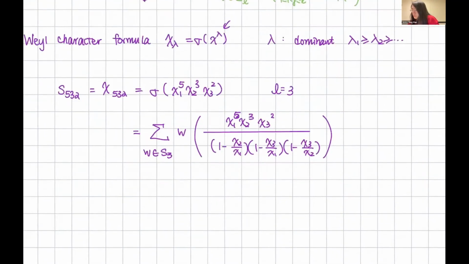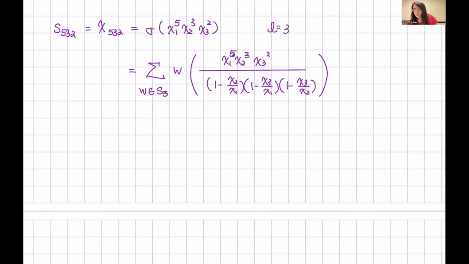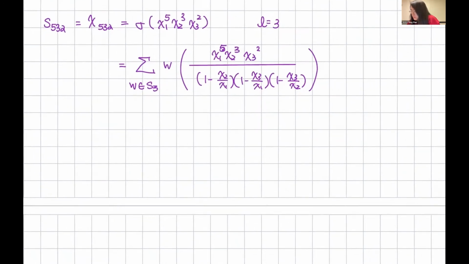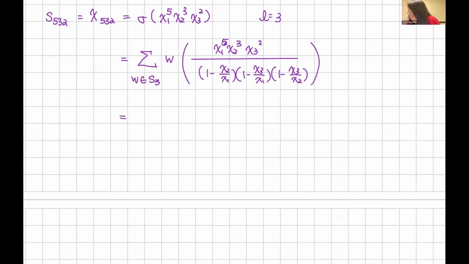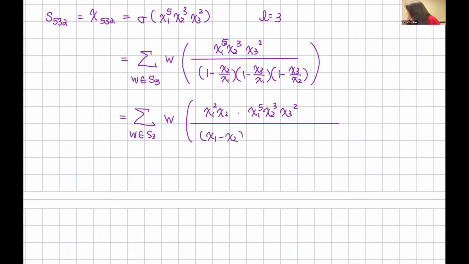And so you may ask, okay, how am I going to write this out, right? So this guy, if you do some math, that is x1^2 x2 times x1^5 x2^3 x3^2 over (x1 minus x2)(x1 minus x3)(x2 minus x3).